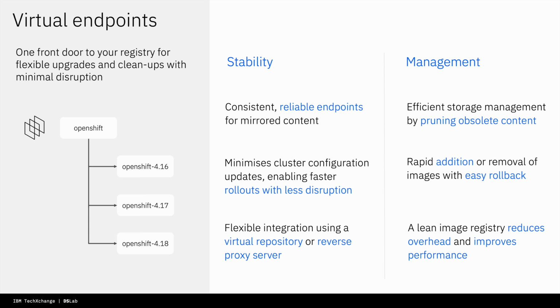As you can see on the slide, we are serving multiple versions of OpenShift from a single virtual endpoint. From a technology standpoint, you can implement this in several ways. Some registries provide native virtual repository features. If yours doesn't, the same result can be achieved with a reverse proxy. Either method will enable you to add or remove content efficiently.